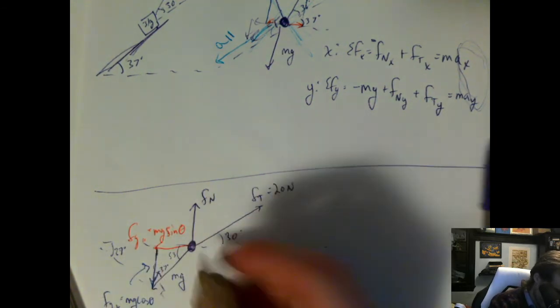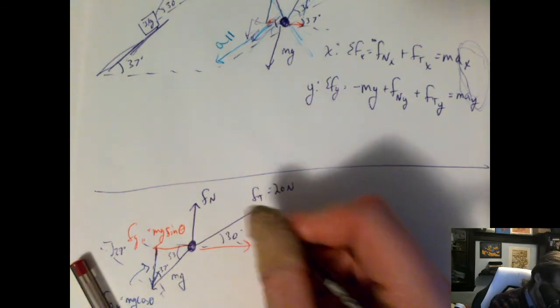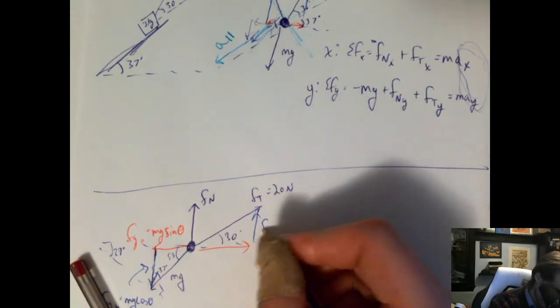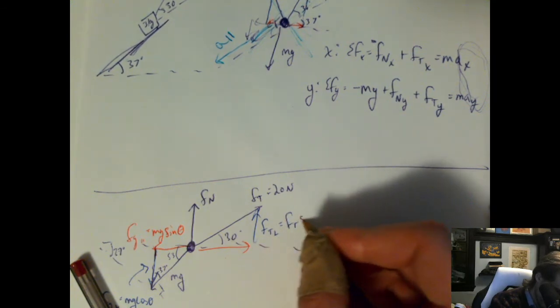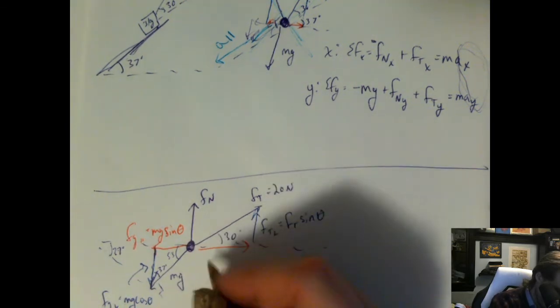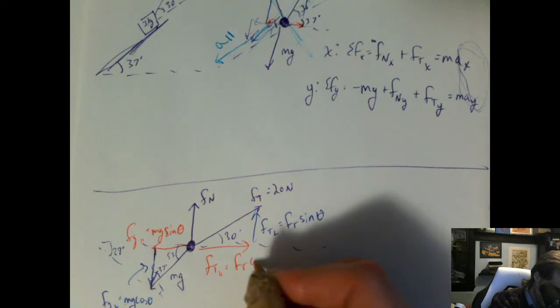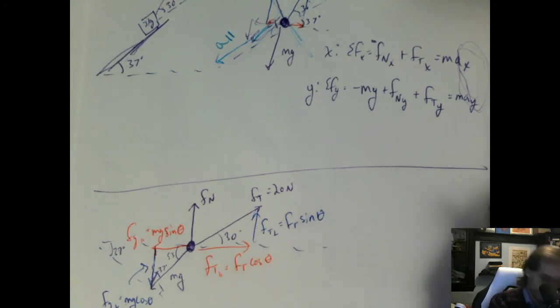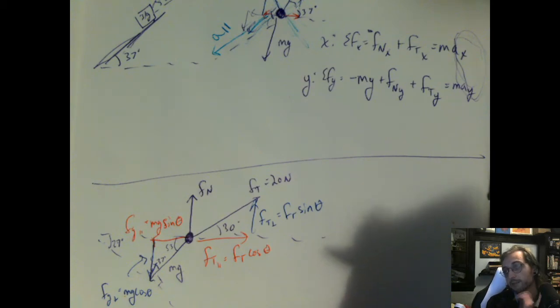On the flip side over here, for our force of tension, we'll have Ft perpendicular being Ft sine theta, and the parallel component being Ft cosine theta. 30 though, in this specific case.